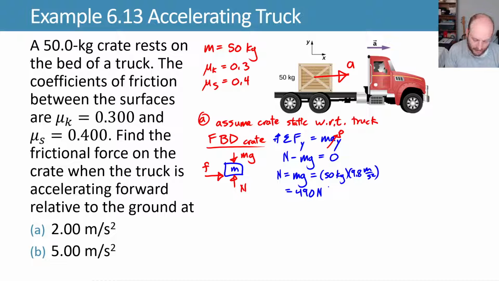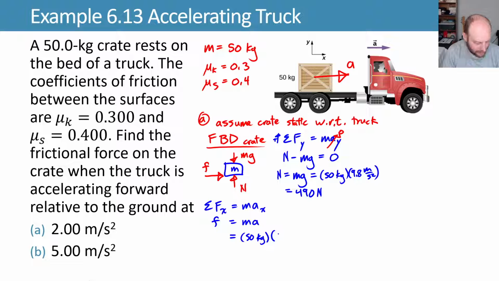We can now move on to the sum of the forces in the x direction. The sum of the forces in the x is equal to mass times acceleration in the x. And here, the only thing acting is friction, and that's equal to mass times acceleration. We can plug that in, 50 kilograms.